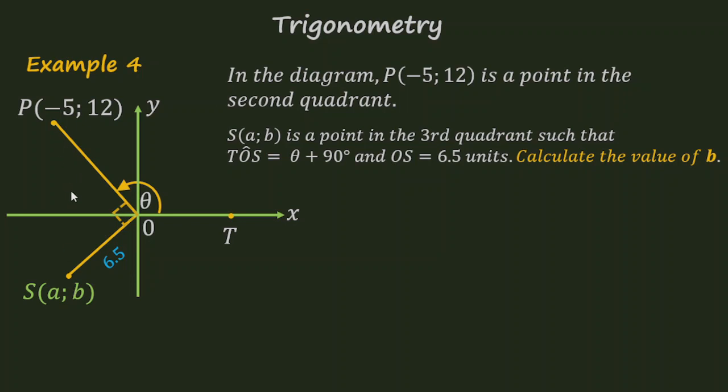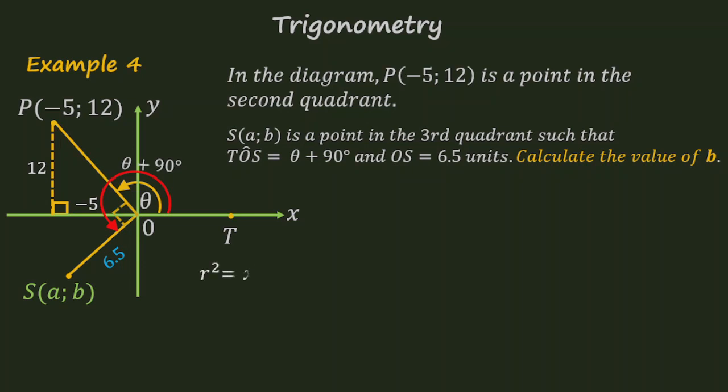Now we can start by completing this right-angled triangle, so that we can find the length of OP, or r, which might come in handy when we're solving this problem.